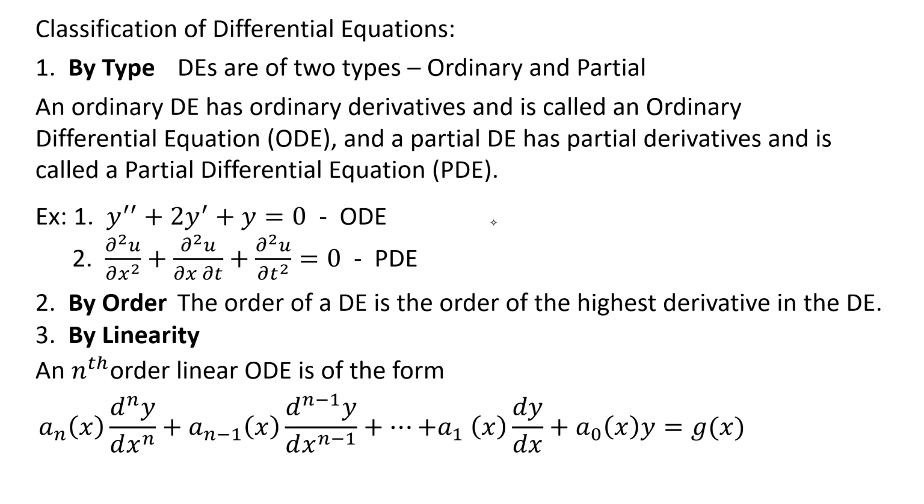Notice, let's go back to the first term, a sub n of x d to the ny dx to the n. In that, the nth derivative is raised to what power? A power of 1. We do not have d to the ny dx to the n, the quantity cubed, or quantity raised to 4, or square root of d to the ny dx to the n.